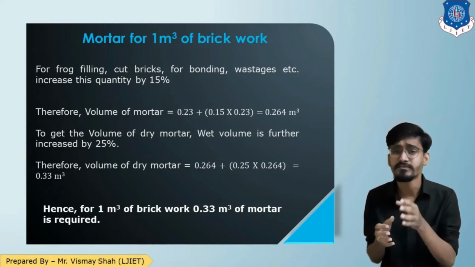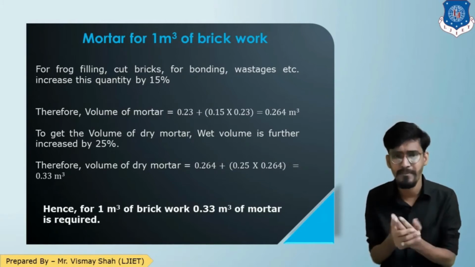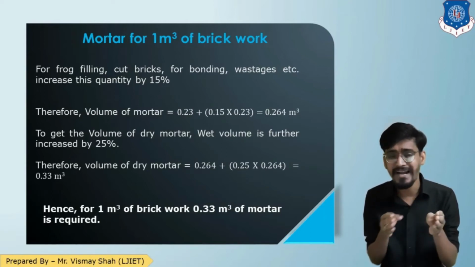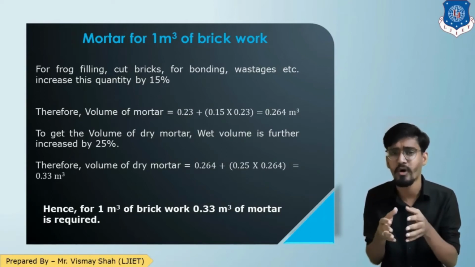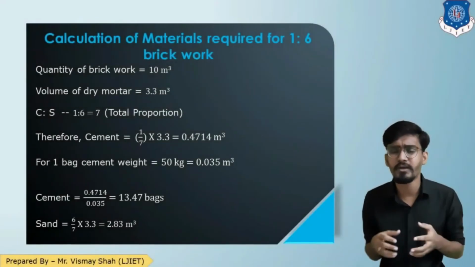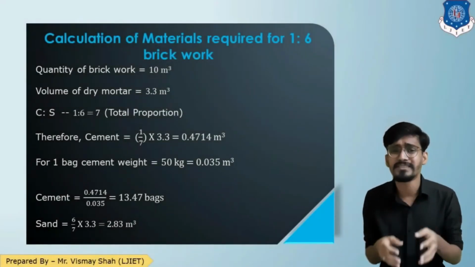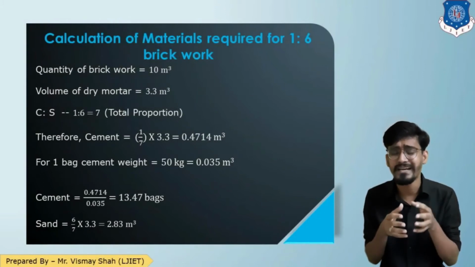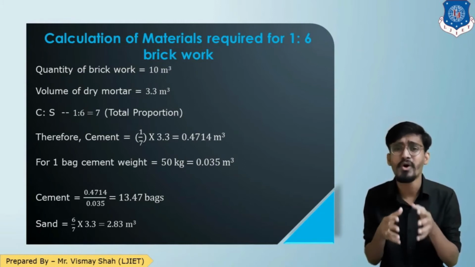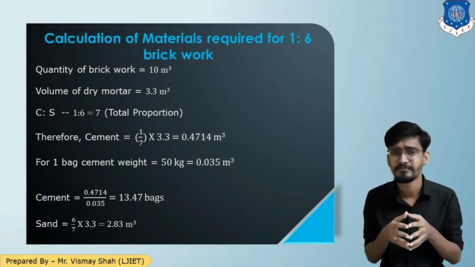But now, this mortar is prepared of what material? Cement and sand. So let us see how to separate the quantities of cement and sand from the quantity of the mortar. Here is the question given to us: calculation of materials required for brickwork in cement mortar ratio 1:6.